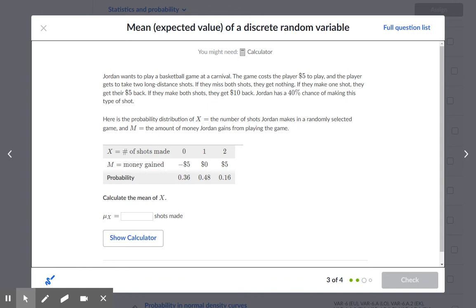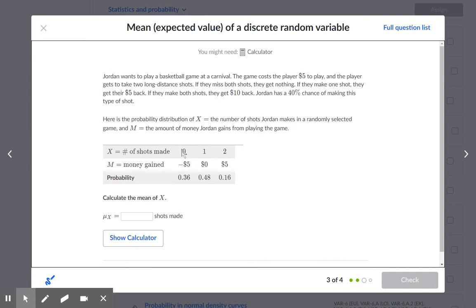Here is the probability distribution of X, where X equals the number of shots Jordan makes in a randomly selected game, and M equals the amount of money Jordan gains from playing the game. So there are 3 things here. The number of shots he makes, 0, 1, 2, because there are only 2 shots.